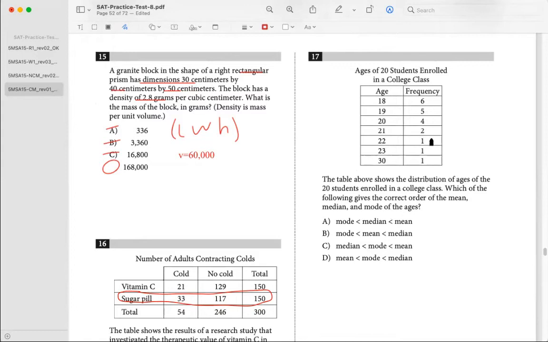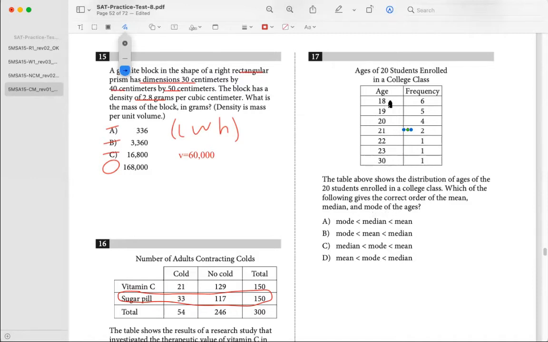Okay, so to find the median, since it's 1, 2, 3, 4, 5, 6, 7, so these three, the median is 2, so it's this one, that's median of 4.